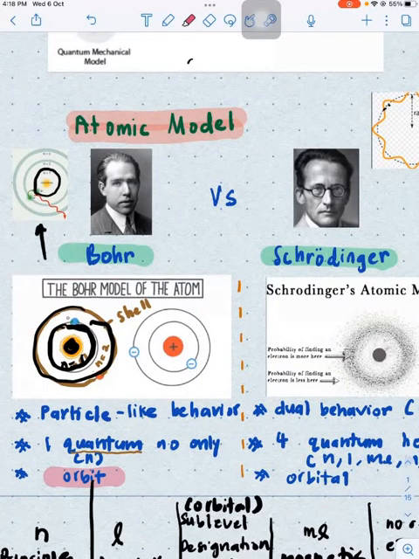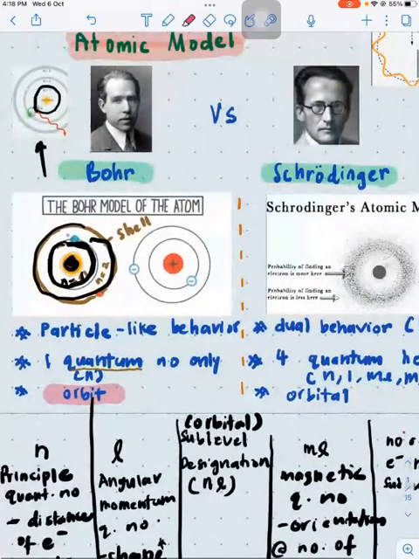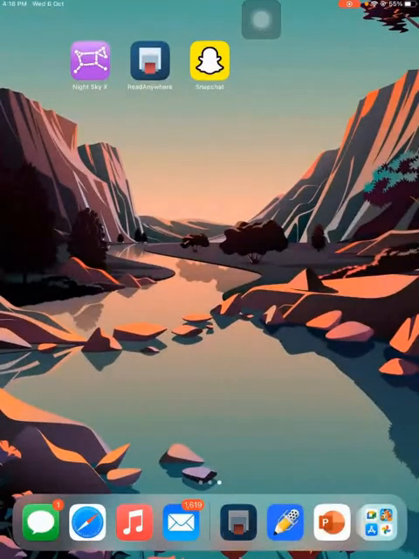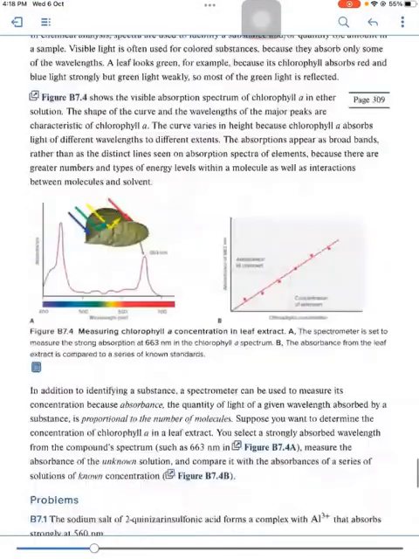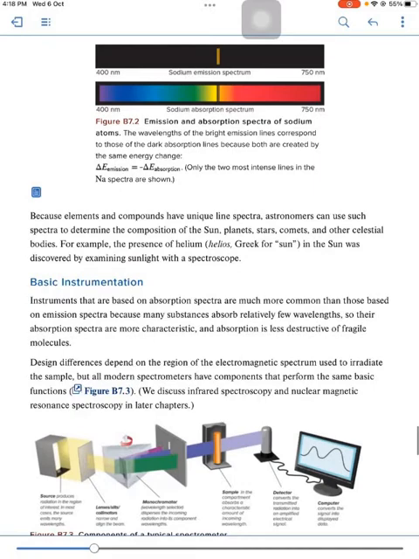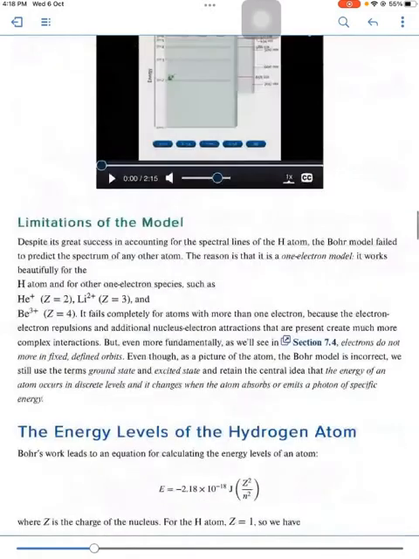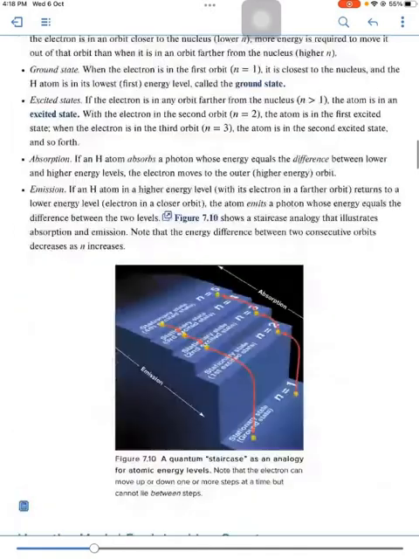But by using Schrödinger equation, Schrödinger atomic model yang quantum tadi, the reason why we use the word quantum kat sini, I just want to show you one gambar from textbooks. I want to show you gambar tangga. Mana gambar tangga? Here. Okay, so this is figure 7.10. You don't have to memorize ni pun. I just want to explain the reason why we use the word quantum in this part.